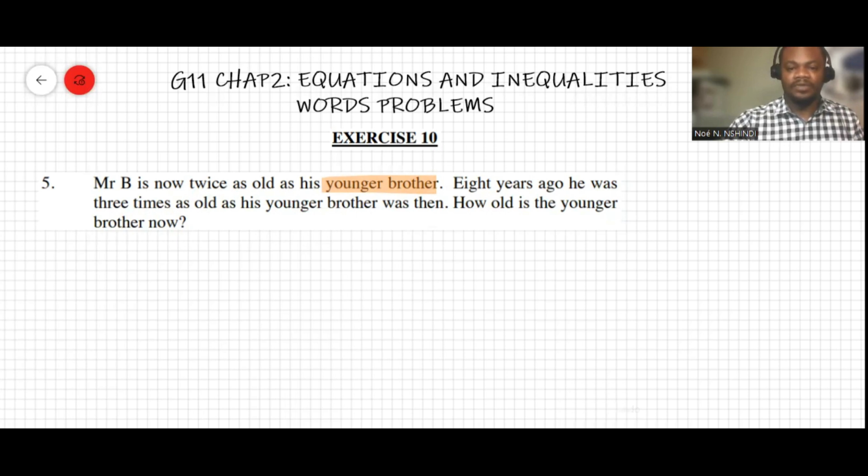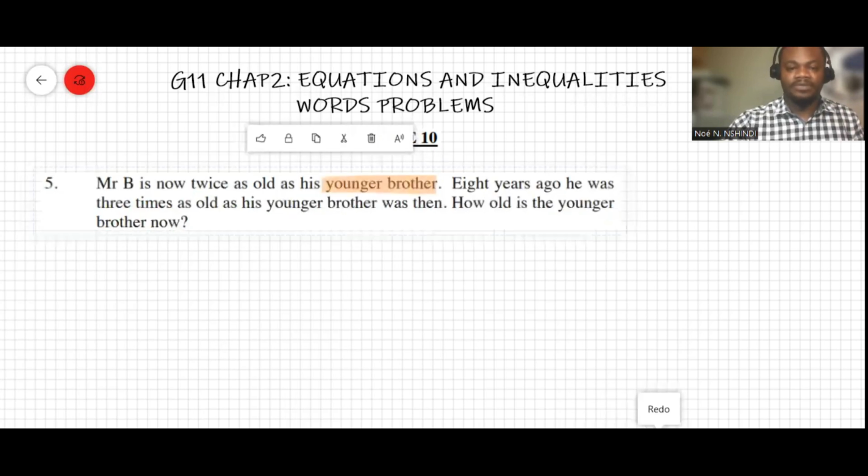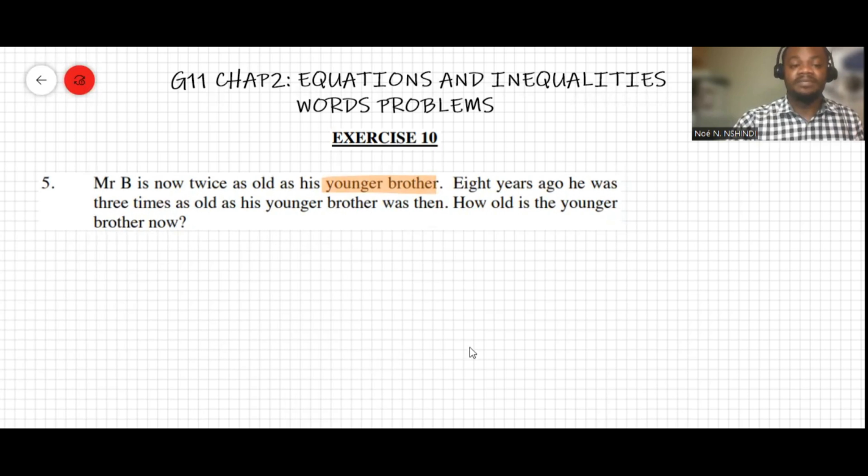Let's say Mr. B's younger brother's age is A. We can do it over there. Mr. B is now twice as old as his brother. Now, let's say his brother is A, for instance. If the younger brother's age is A, then Mr. B's age will be 2A.